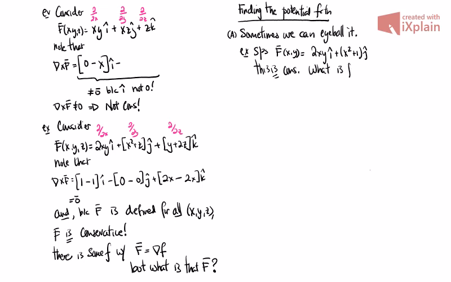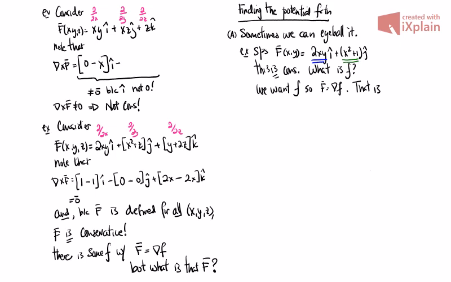So what is little f? Remember what this means: we want this little f so that big F is the gradient of little f. So the first part of it, the i component, this part right here has to be f sub x. And this other part right here has to be f sub y.